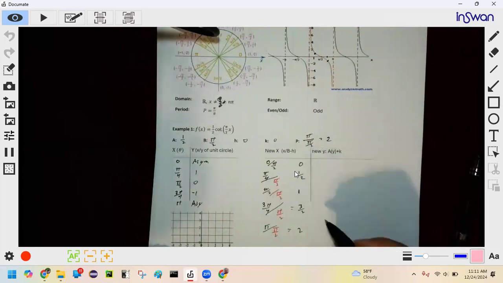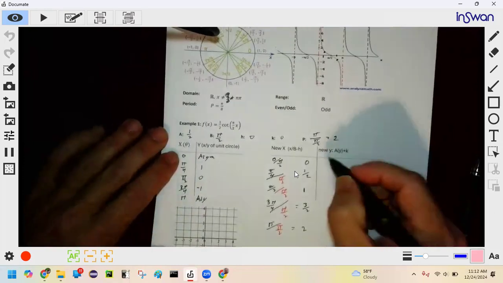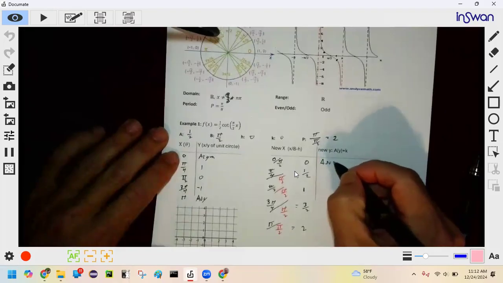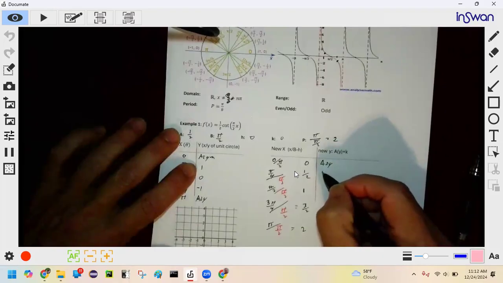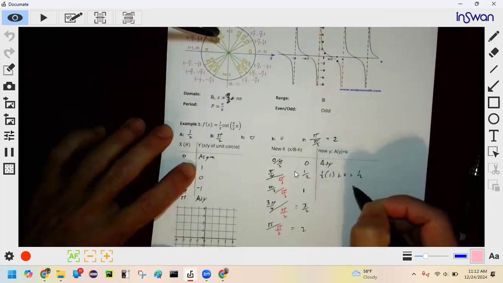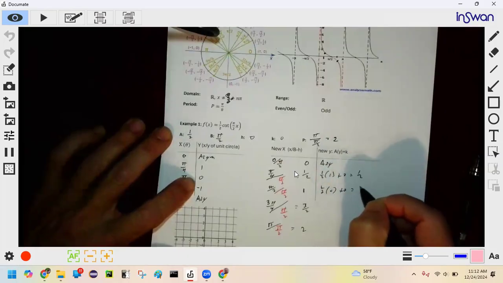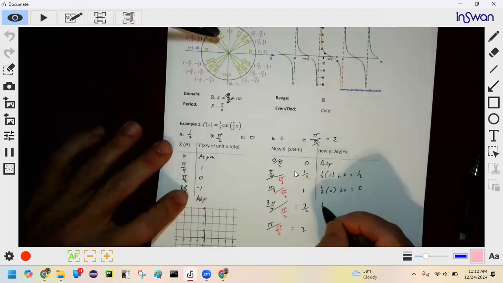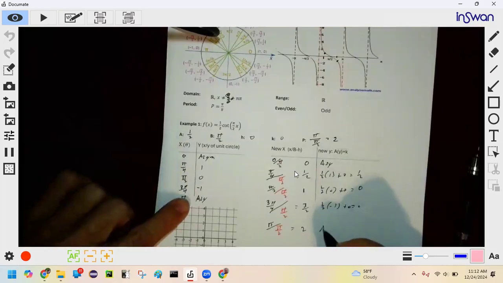We're going from 0 to 2 here. Our new y coordinates, this is still an asymptote. That's the y coordinate times 1 half. So that's 1 half times 1 plus 0 is 1 half. 1 half times 0 plus 0 is 0. 1 half times -1 plus 0 is -1 half. And then that's still an asymptote.